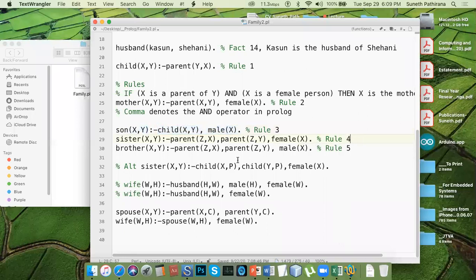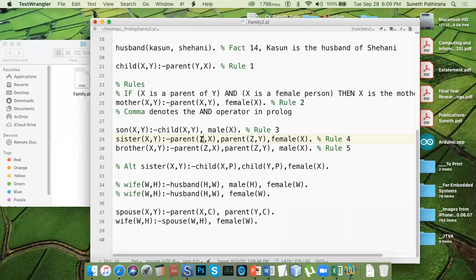So, sister. Here we have to satisfy three conditions, actually in the same rule. Sister(x, y) means x is the sister of y. What is the requirement? x and y should share a common parent, Z, or P, or capital A, whatever you can denote with an uppercase letter to indicate it's a variable.